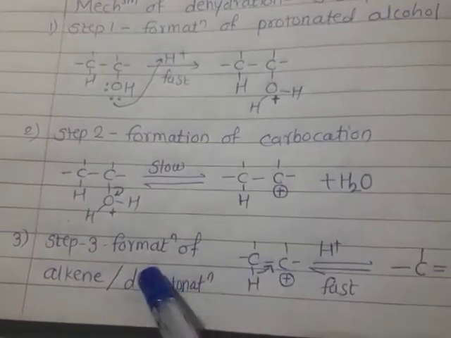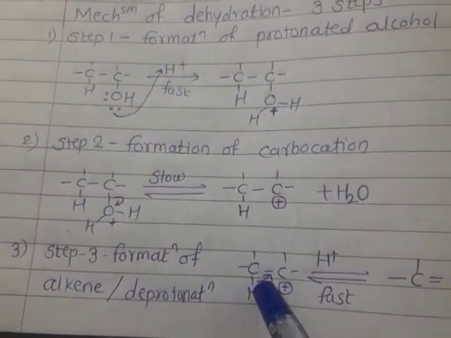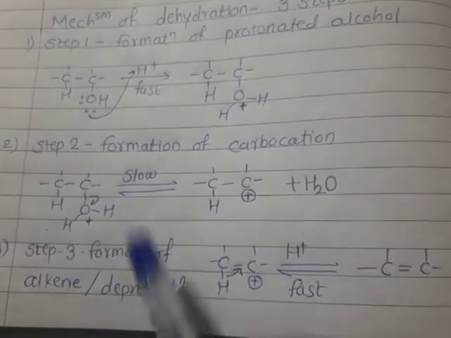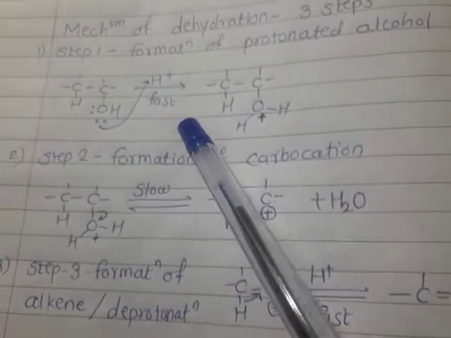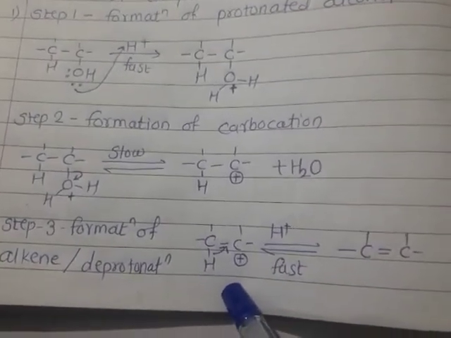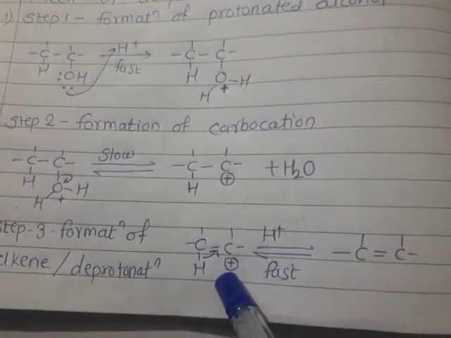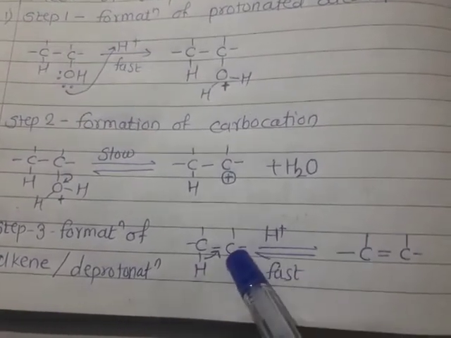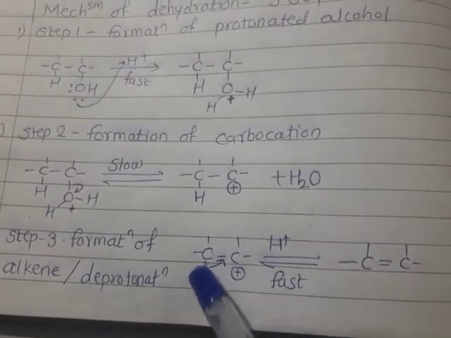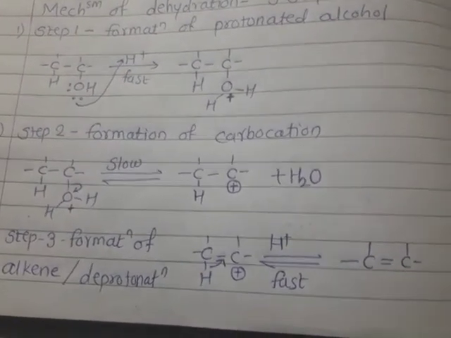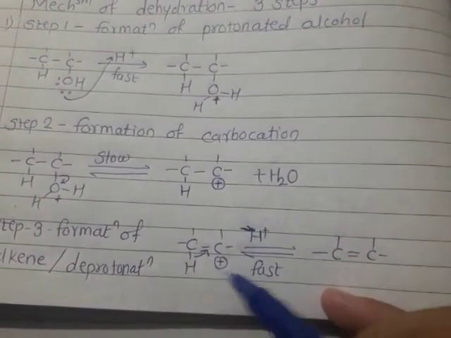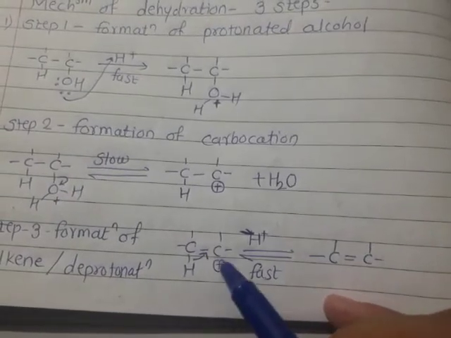And the third step is formation of alkene, or deprotonation. So H plus acts as dehydrating agent as well as a catalyst. What is the role of a catalyst? It is consumed in the first step and regenerated in the next step. So this H plus is removed here, minus H plus. H plus is removed from this reaction mixture.